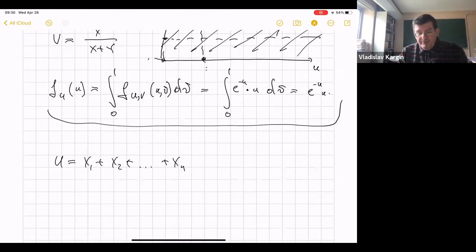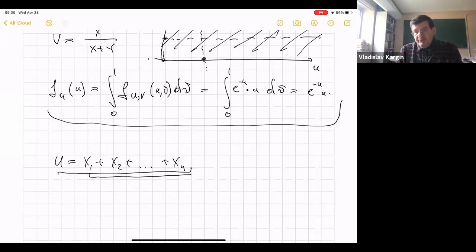You can see this is a function of many random variables which is not one-to-one. You have n random variables and you take the sum of them; u is clearly not one-to-one.